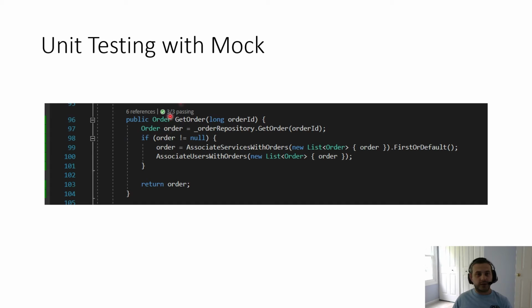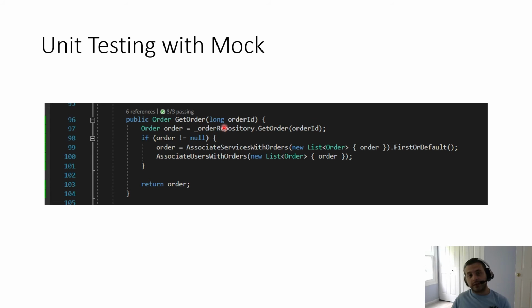So here you can see the BLL's get order function returns an order, and it gets a long of order ID. You can see also that the order BLL is utilizing the order repository, and it's using the function get order, and then it's passing in an order ID.